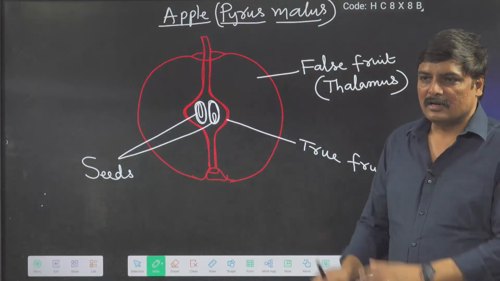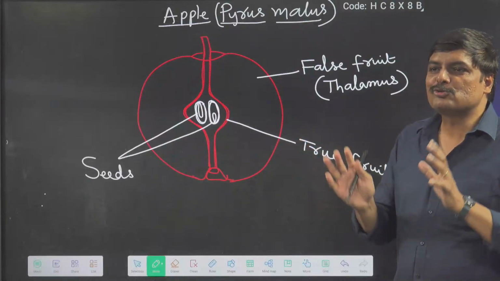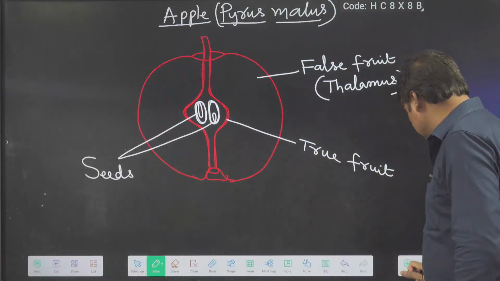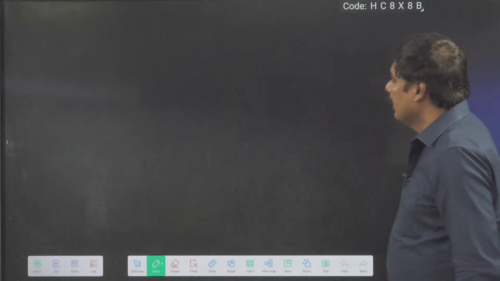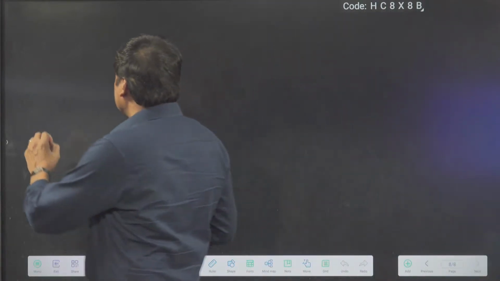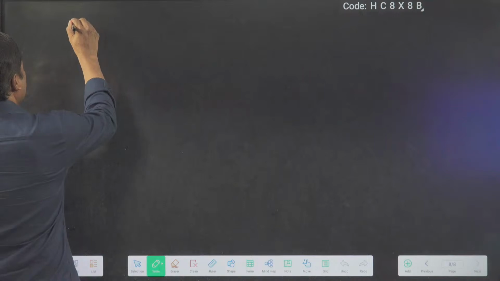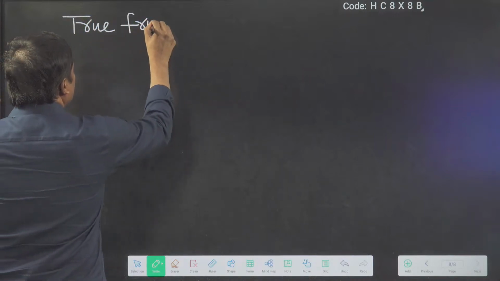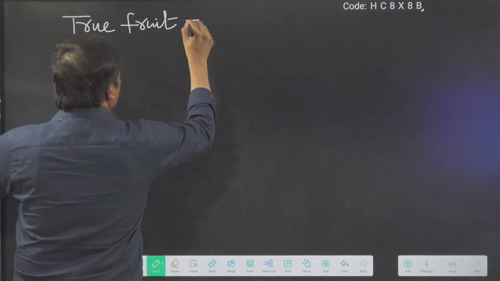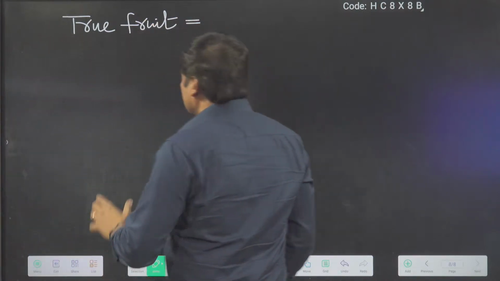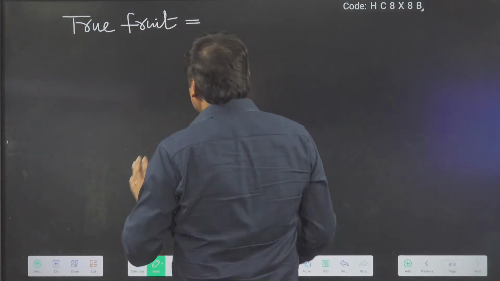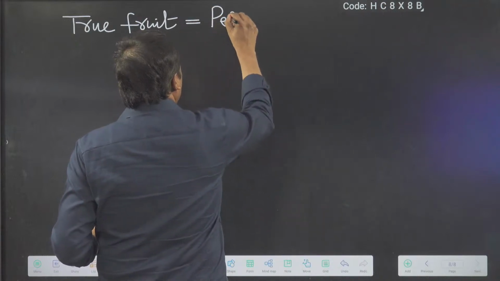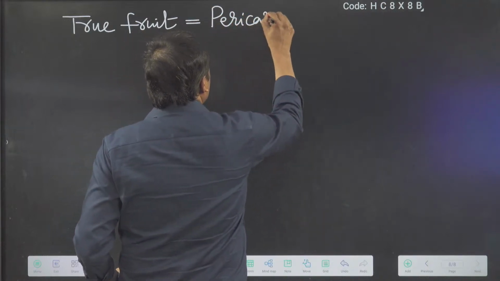Now we come to true fruits. Brief account. What is a true fruit? A true fruit contains two parts. The ovary wall becomes fruit wall, technically called pericarp.